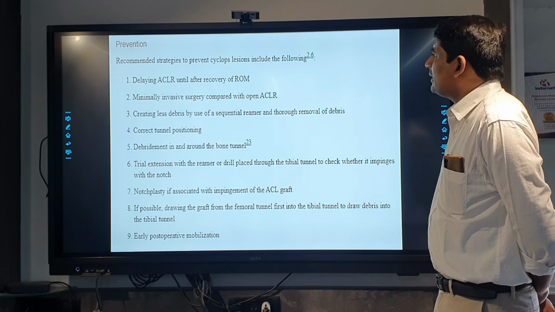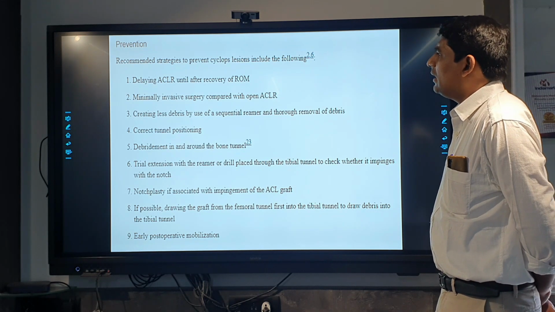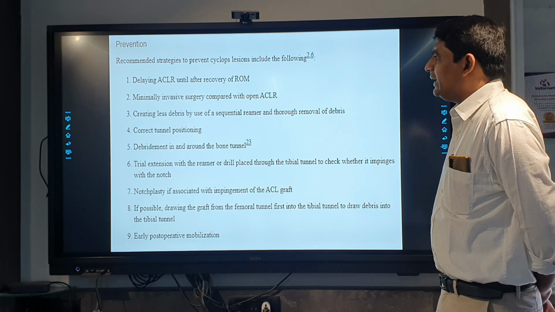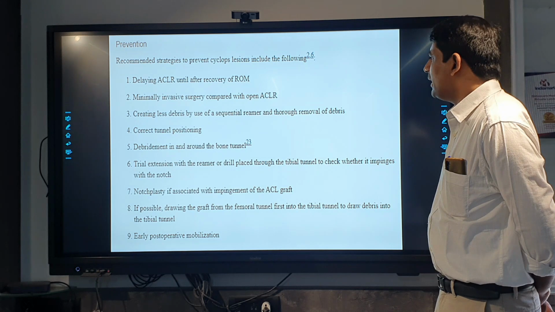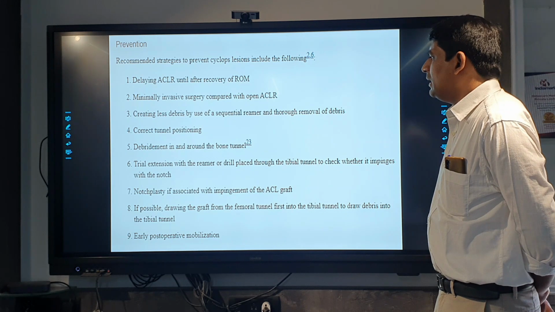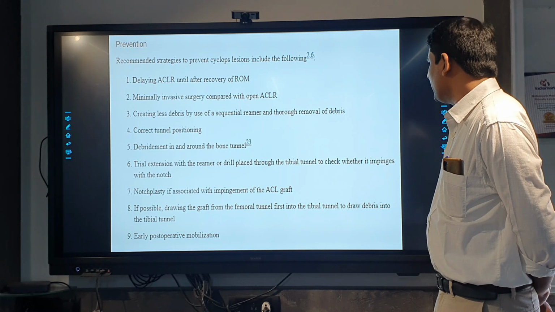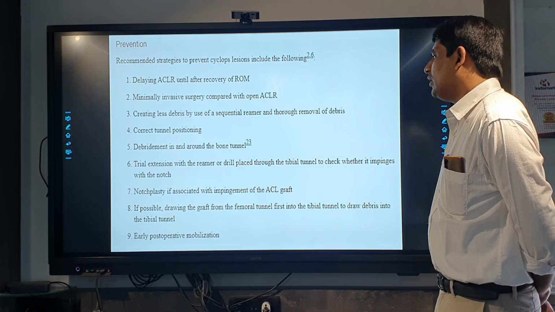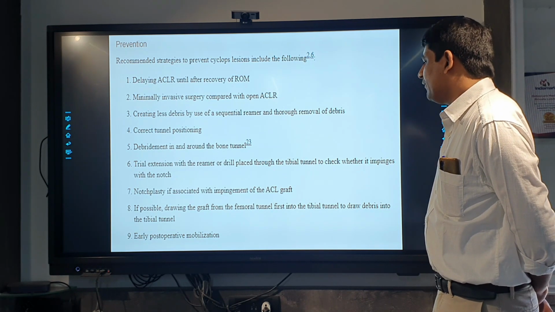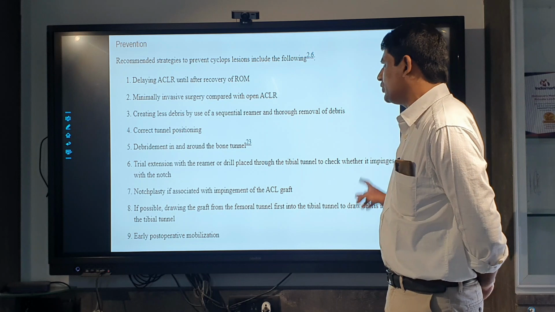For prevention, the recommended strategies for preventing cyclops lesion include the following: delaying ACL reconstruction until after recovery of ROM, minimally invasive surgery compared with open ACLR, creating less debris by the use of sequential reaming and thorough removal of debris, correct tunnel placement, debridement in and around the bone tunnel, trial extension with the reamer or drill placed through the tibial tunnel to check whether it impinges with the notch, and notchplasty if associated with impingement of the ACL graft, and if possible, drawing the graft from the femoral tunnel first into the tibial tunnel to draw debris into the tibial tunnel, and early post-operative mobilization.